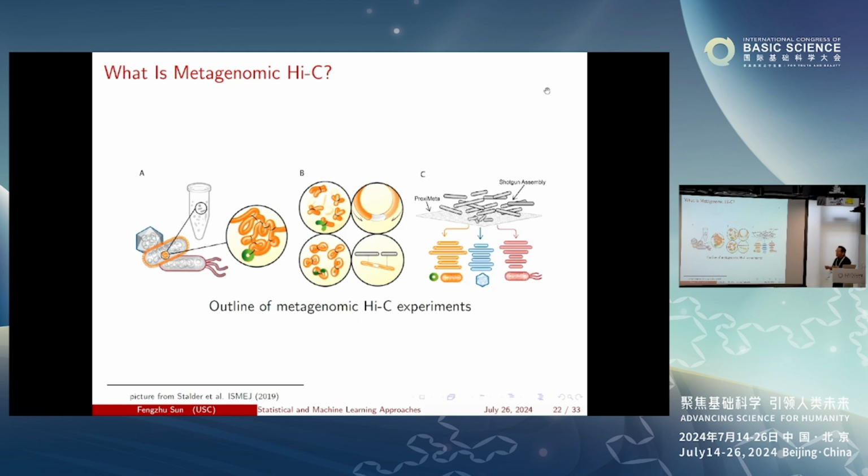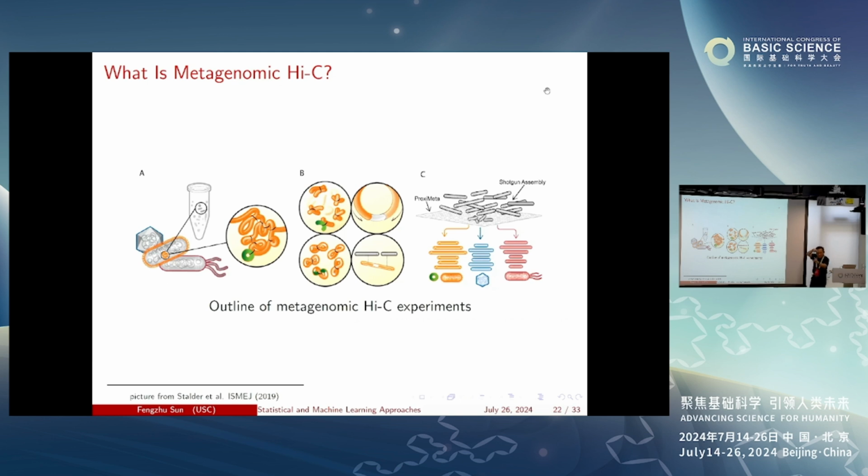The Hi-C experiment's full name, I cannot pronounce it now. Hi-C was originally used in humans, in one particular organism, to study how the genomes are organized in the organism.